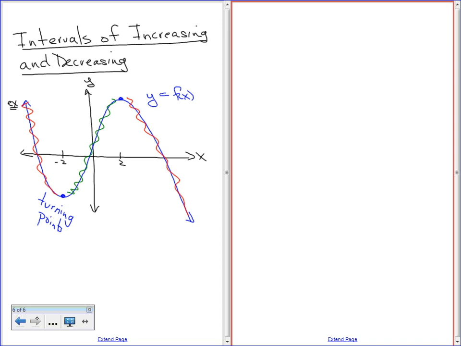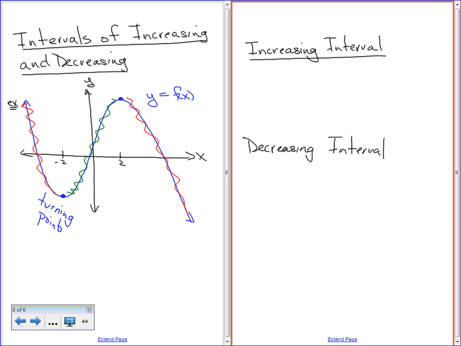So we'll do increasing intervals. And decreasing intervals. So between what two x values is my function increasing?